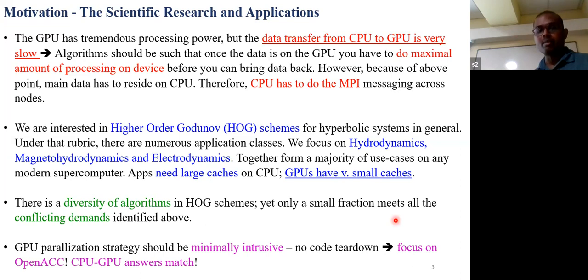So that's the third bottleneck. There is also a fourth bottleneck. Conventionally, GPU codes have to be rewritten in CUDA, but nowadays OpenACC compilation has become efficient, though we have to do certain things and avoid certain things so that the OpenACC code can run efficiently on the GPUs. So this talk will be mainly focused on the fourth point: how to efficiently parallelize the code on GPUs with OpenACC.